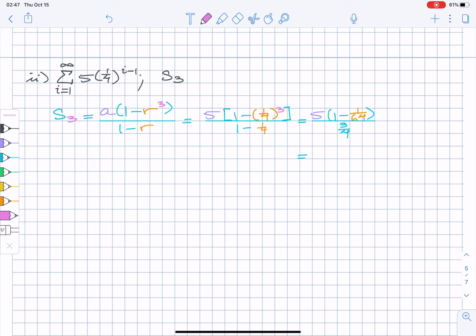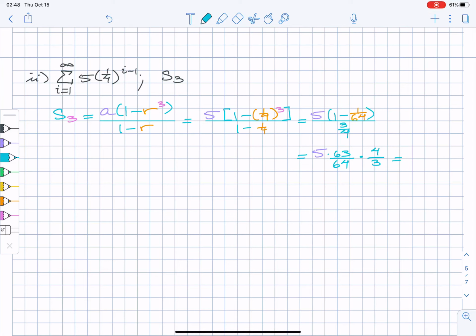Okay, so what do we have? That's going to be 5 times 64 minus 1 is 63 over 64, so this is going to be 63 over 64 times the reciprocal of what's in the denominator, 4 over 3.